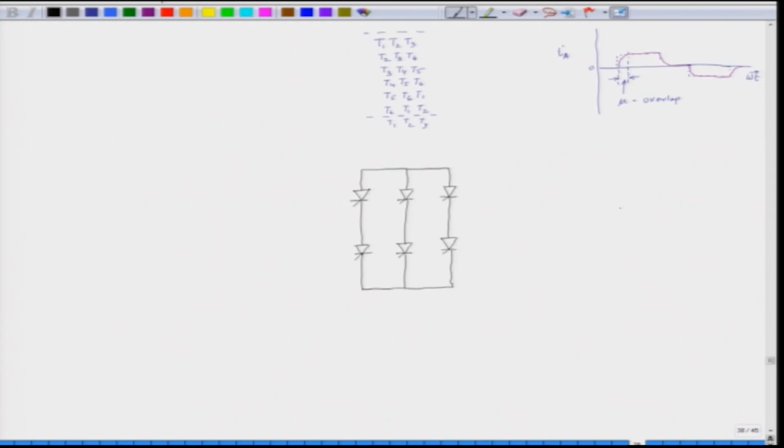And the load is replaced by the back EMFs. So, what we can show here is the load, we have the inductances here and we have the individual back EMFs of the various phases.